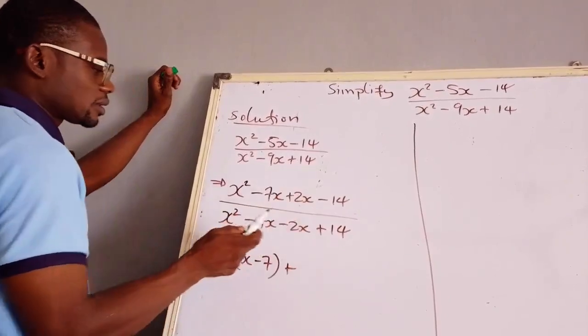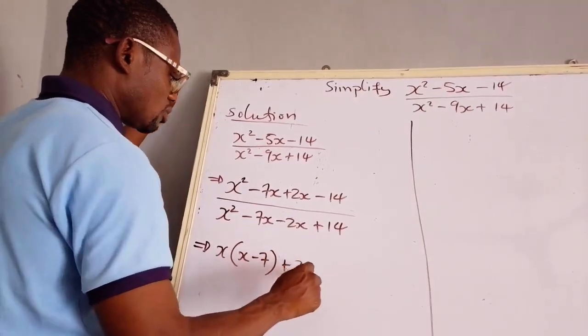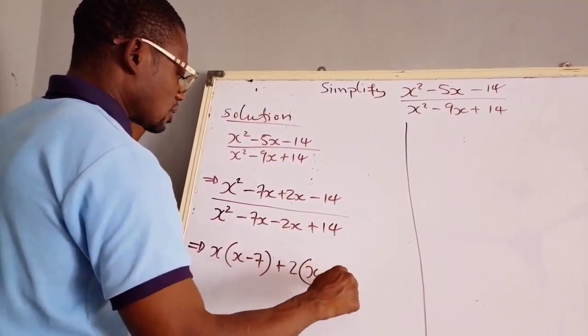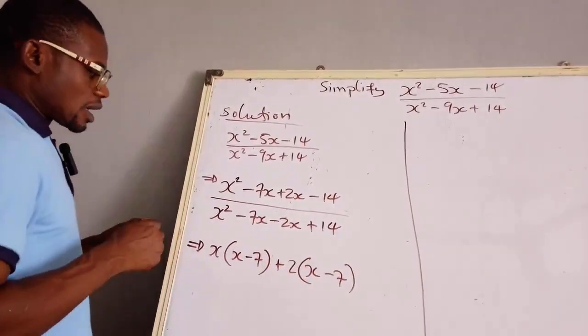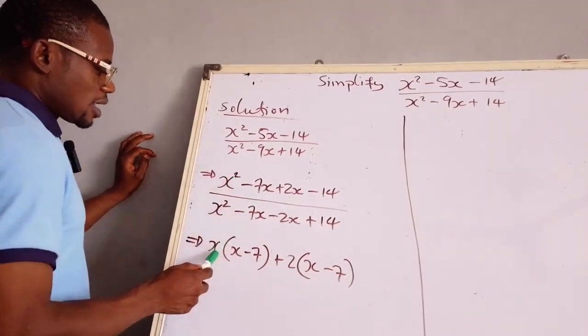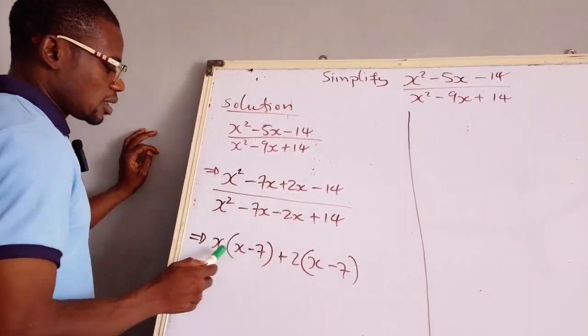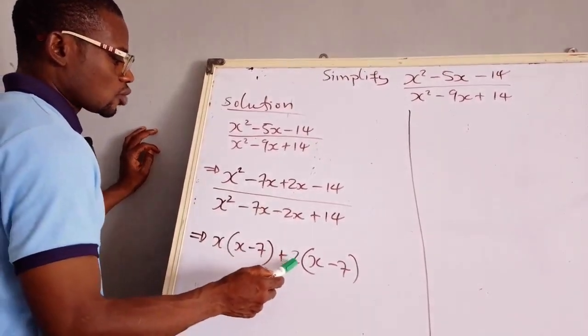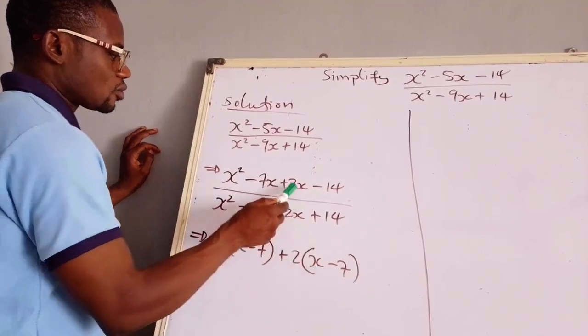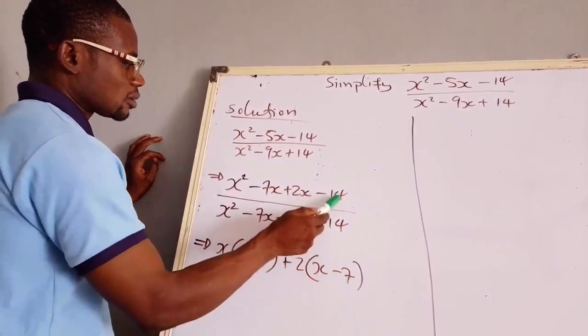Then this other part, the second part, I have to put 2 here: x minus 7, x plus 2. Now let's check. x times x equals x squared. x times minus 7 equals minus 7x. 2 times x equals 2x. 2 times minus 7 equals minus 14. That is good.